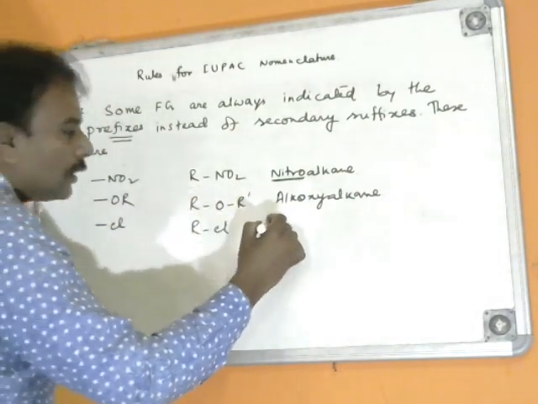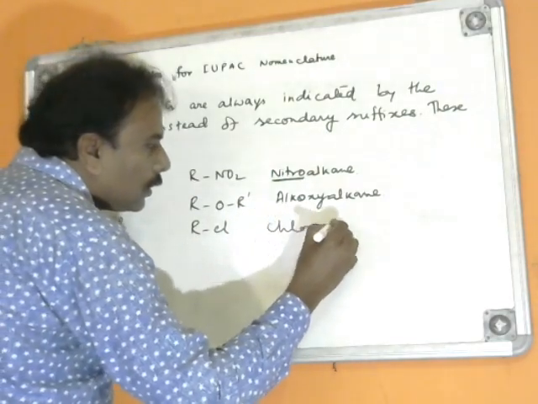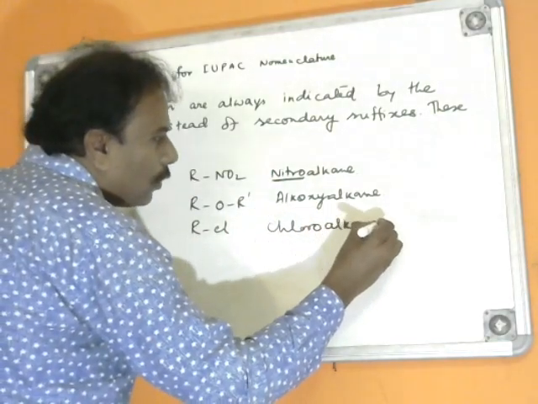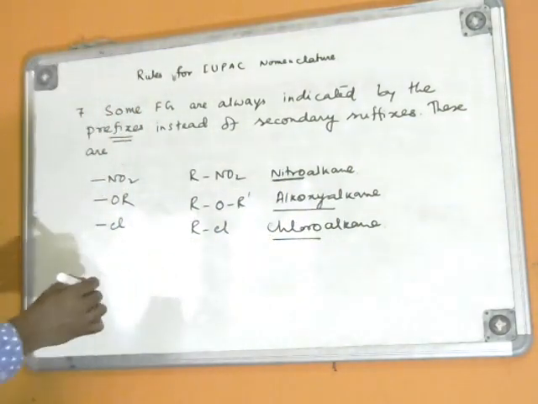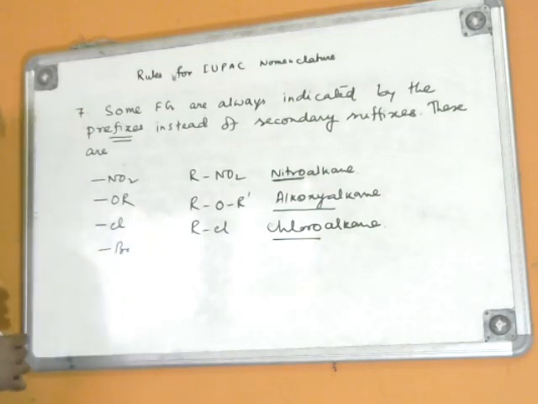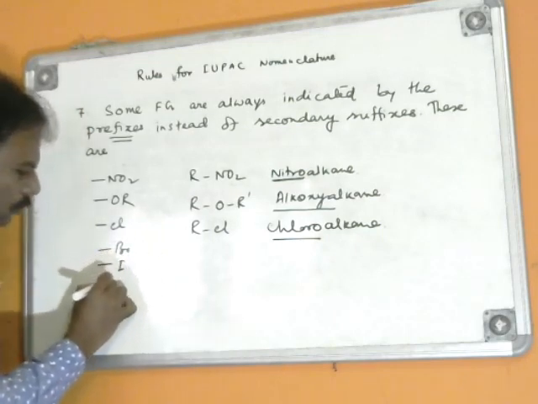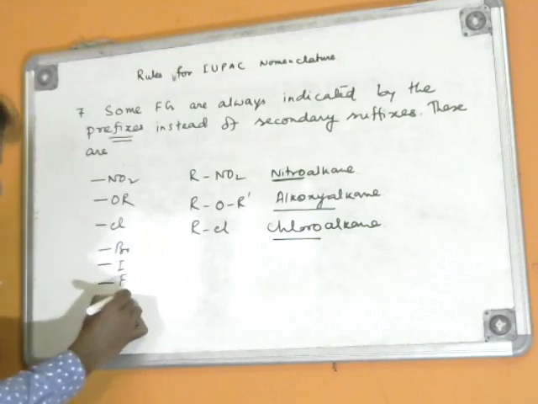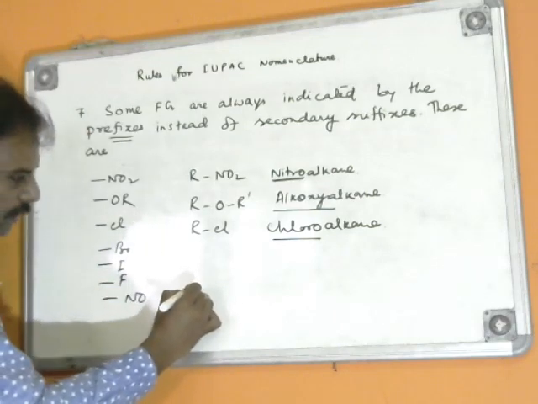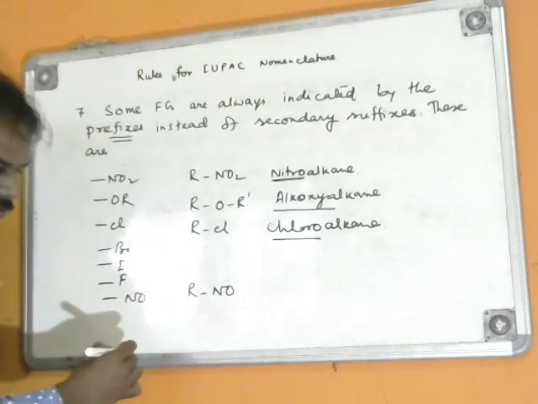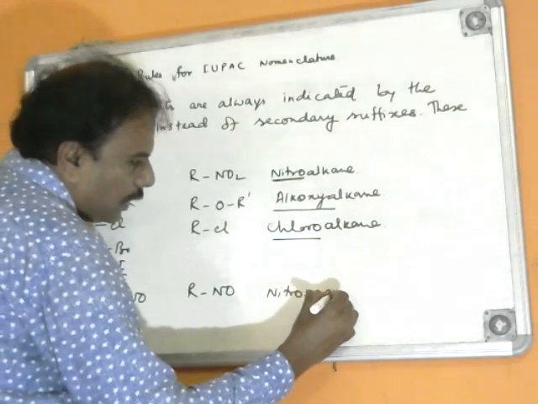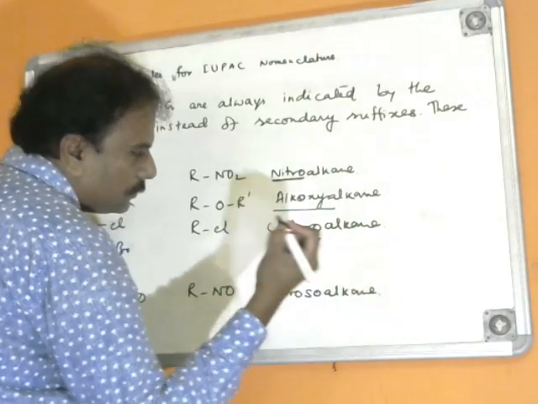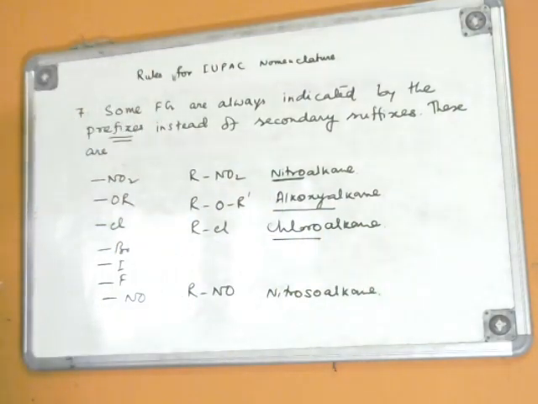It will be chloroalkane. So always they are prefixes. Similarly, bromo, iodo, fluoro, and NO. What about RNO? So nitrosoalkane. Okay. So this was rule number 7.